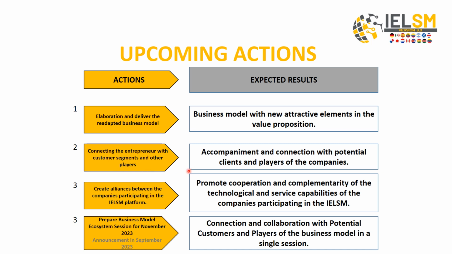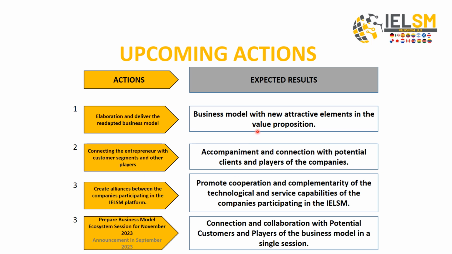The last step is the upcoming action, and the entrepreneur has a lot of perspective, right? This is what to expect: what is coming for the next smart money, for the next week, for the next month, and you have here 4 different actions.